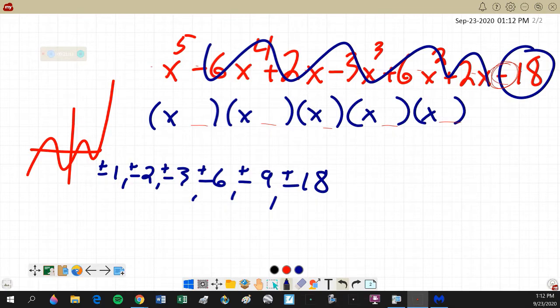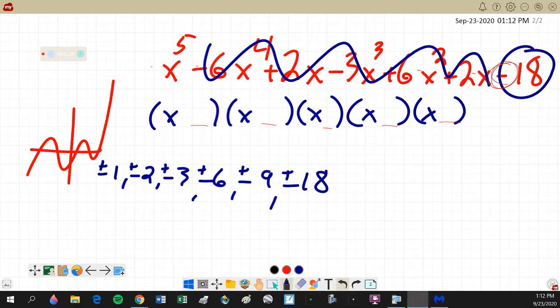Now, are we guaranteed that one of those will work? No. Does this graph have to hit the x-axis? Yes. But does it have to hit the x-axis in a nice place? No. So these all might be wrong.